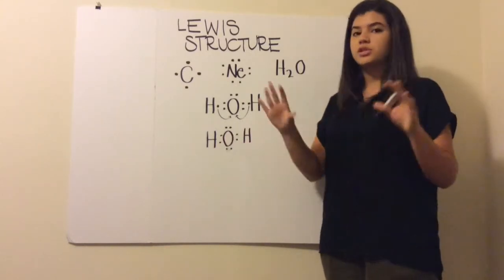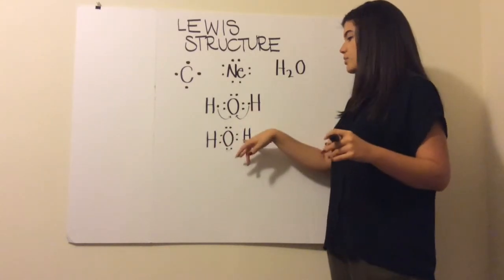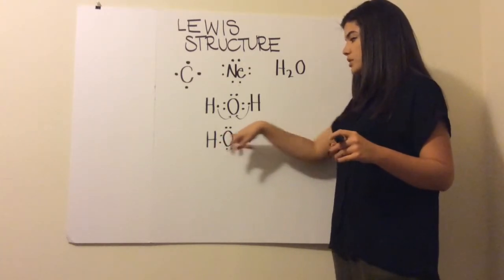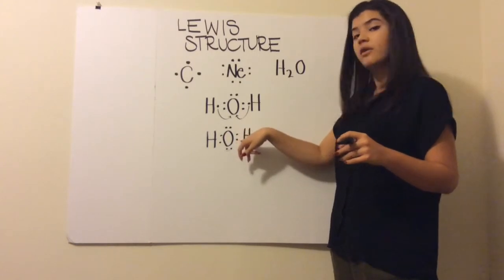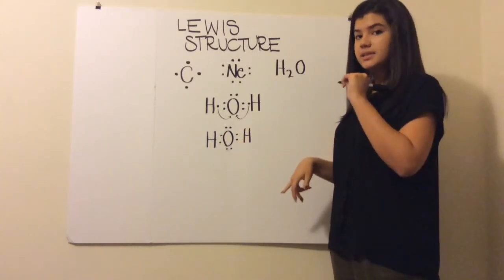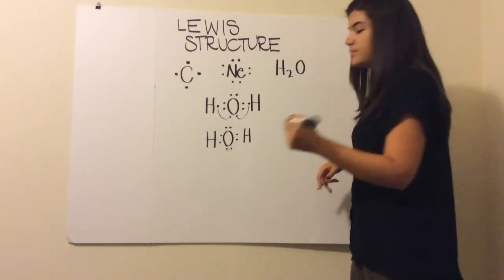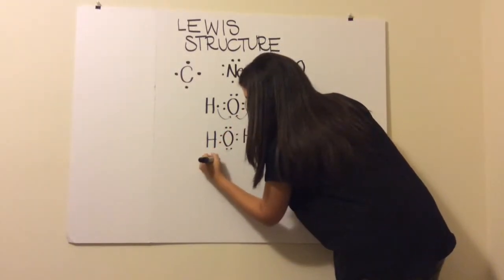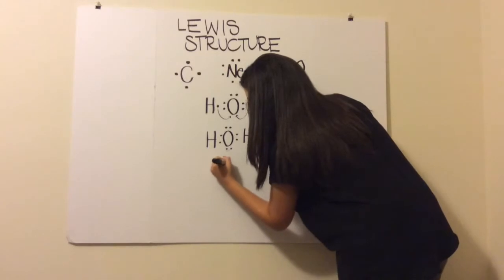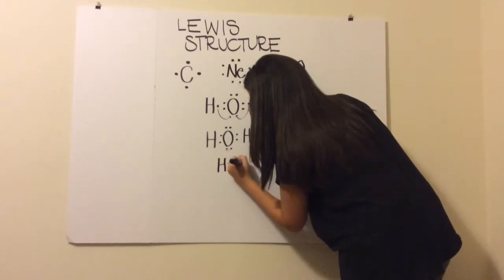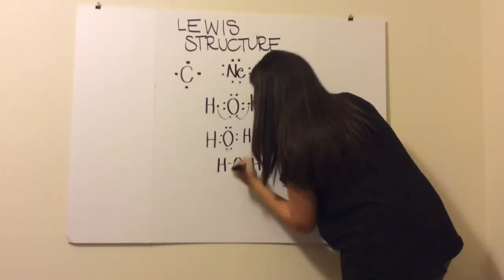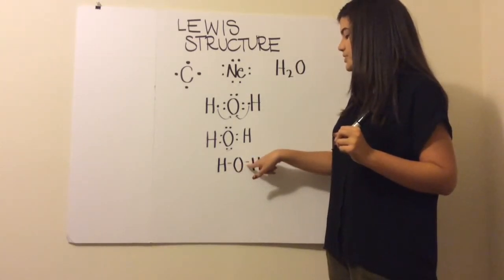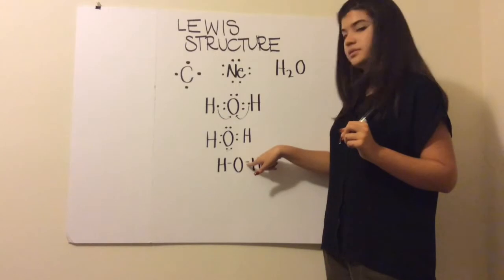To clean it up and make it easier so you don't have to count all the dots, we're going to denote a single bond, because they're only sharing 1 pair of electrons, with a slight dash mark in between the atoms. So the finished product should look something like this. The 2 dash marks represent 2 electrons.